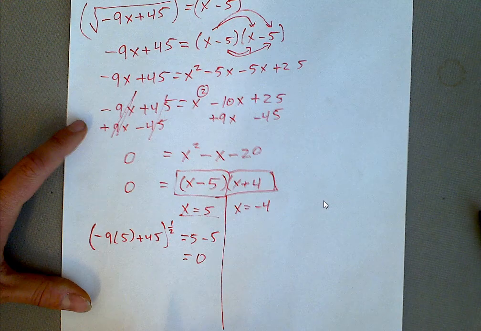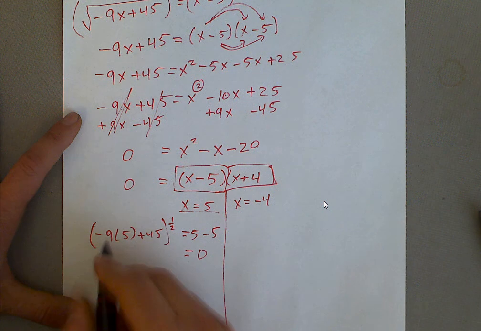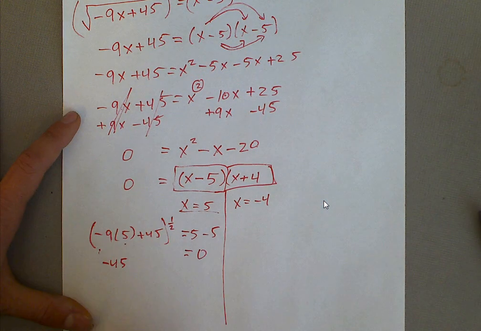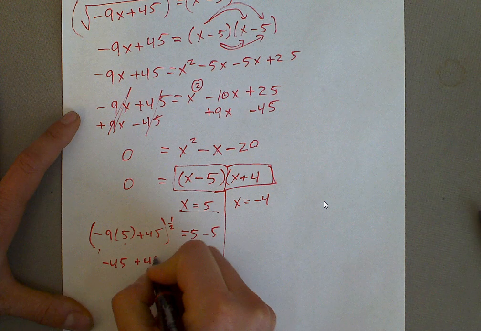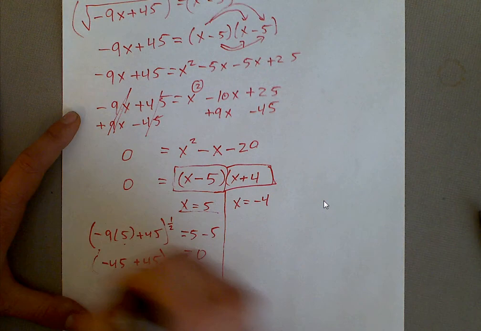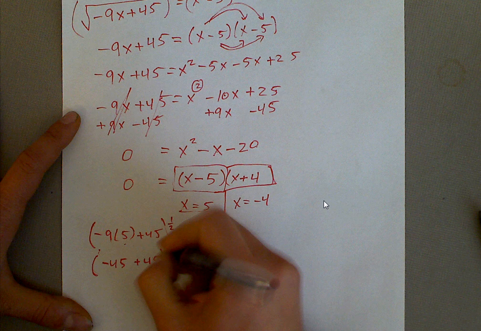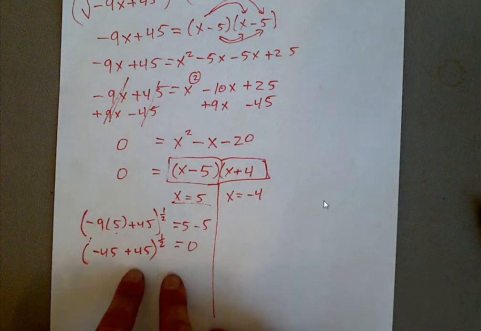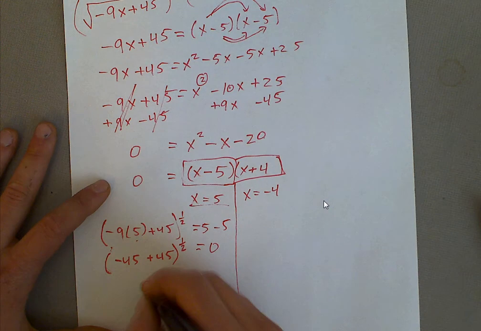Simplifying, negative 9 times 5 is negative 45 plus 45 to the 1/2. Negative 45 plus 45 is 0.